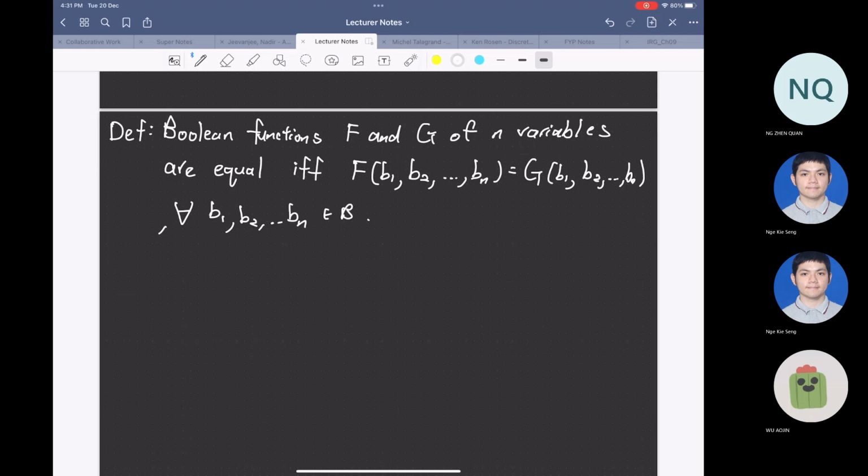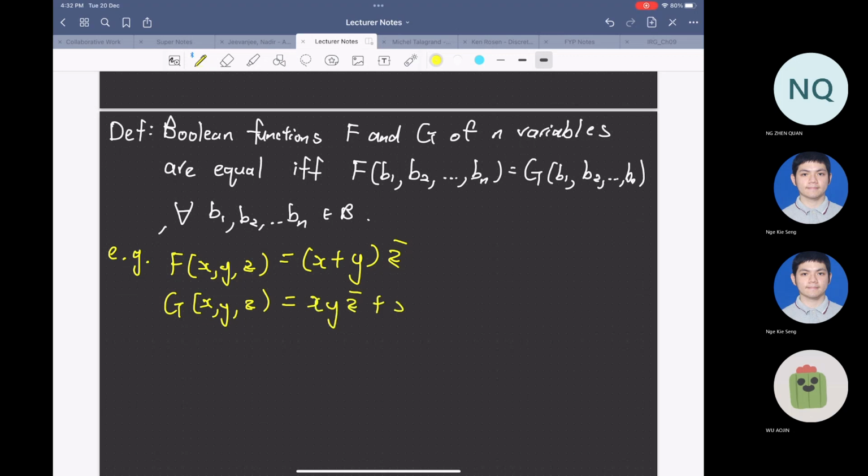Okay. So let's see, for example, these two functions here. One is (x plus y) times z bar, and the other one is x y z bar plus x y bar z bar plus x bar y z bar. I claim that these two are the same.